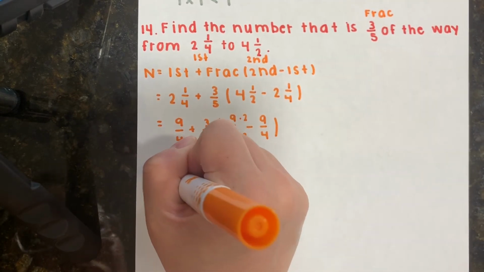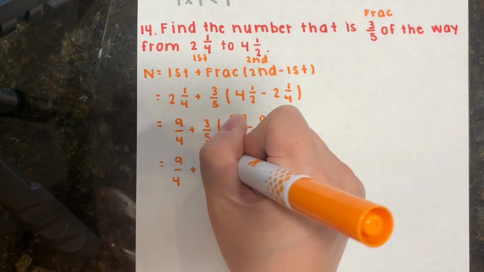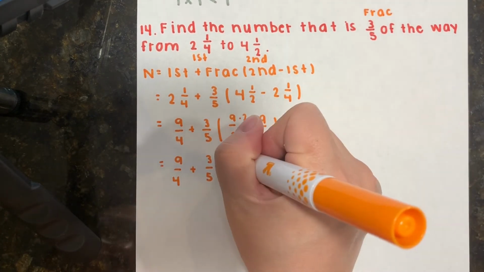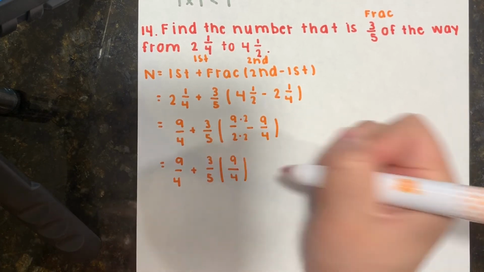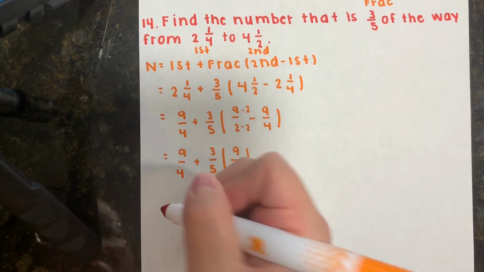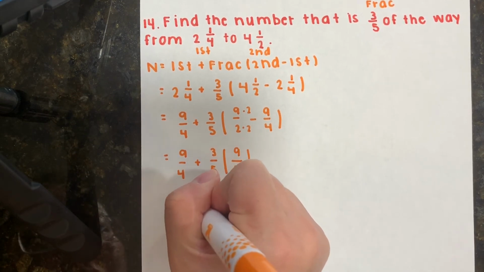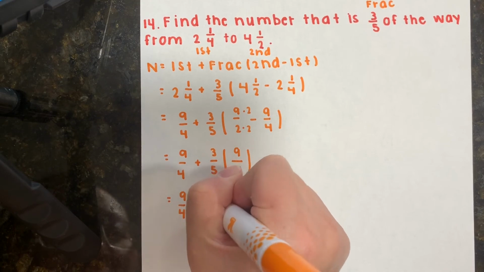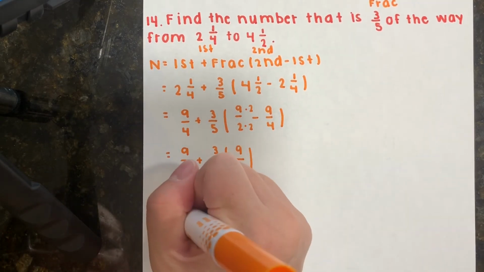So 9/2 minus 9/4: 18 minus 9 is just 9, and that's going to be over 4. So really I have 9/4 plus 27/20. And my common denominator will be 20.